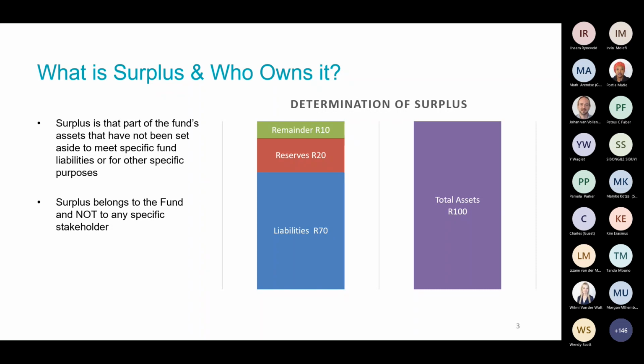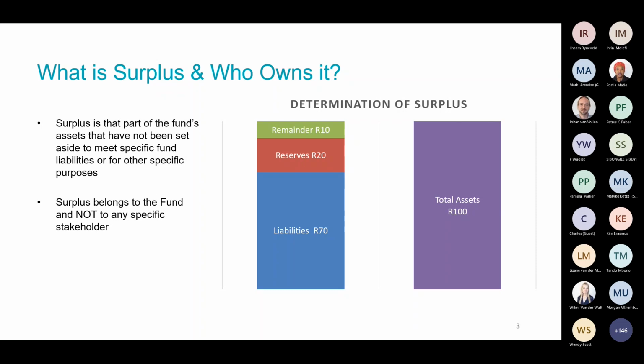If the assets of the fund are 100 Rand, the liabilities as valued by the valuator are 70 Rand, and the reserves that are required are 20 Rand, then the remaining 10 Rand is the surplus of the fund at the valuation date.